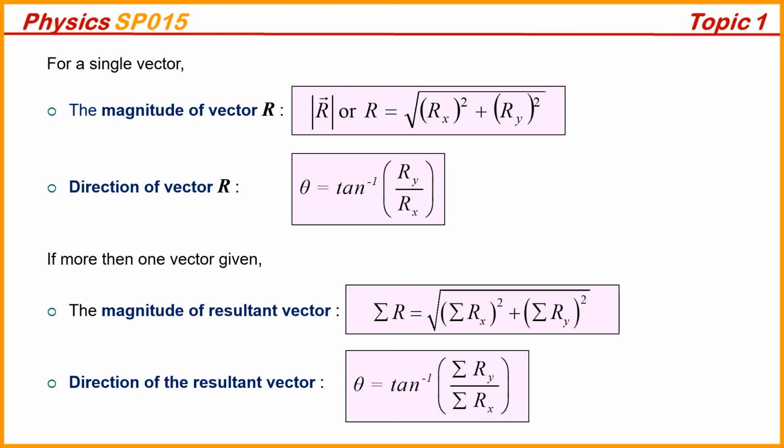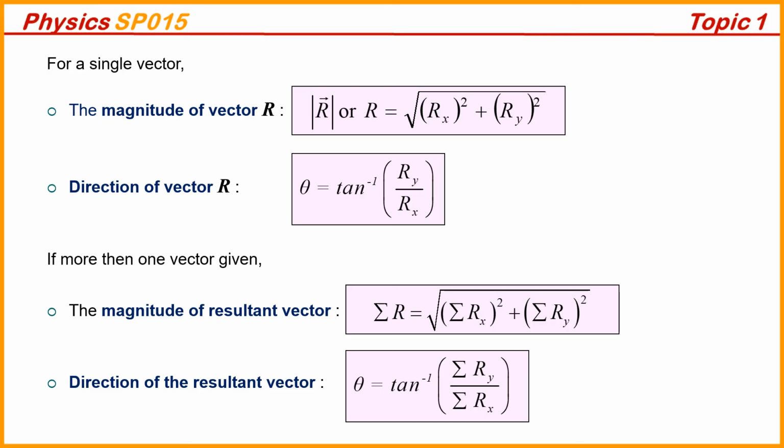If we have more than one vector, to calculate the magnitude of the resultant vector, we need to sum all the vectors at the x component and y component. Because of that, the magnitude of the resultant vector is equal to the square root of the sum of rx squared plus the sum of ry squared.